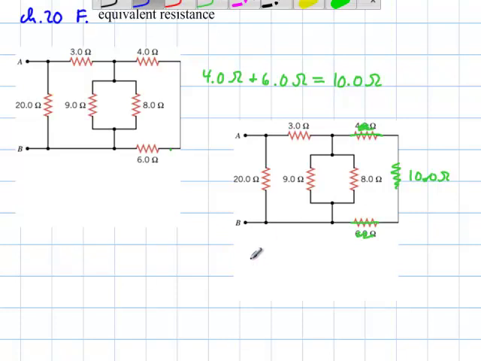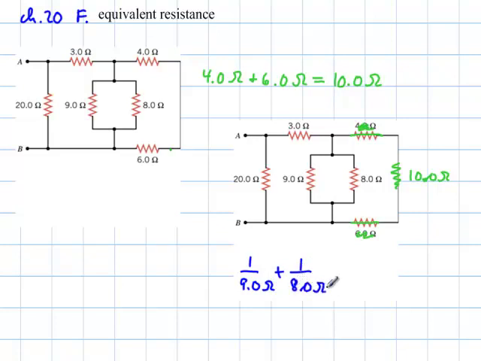and say that 1 over 9.0 ohms plus 1 over 8.0 ohms plus 1 over 10.0 ohms is 1 over the equivalent resistance on the right hand side there, supposed to be Q. Type it onto my calculator.